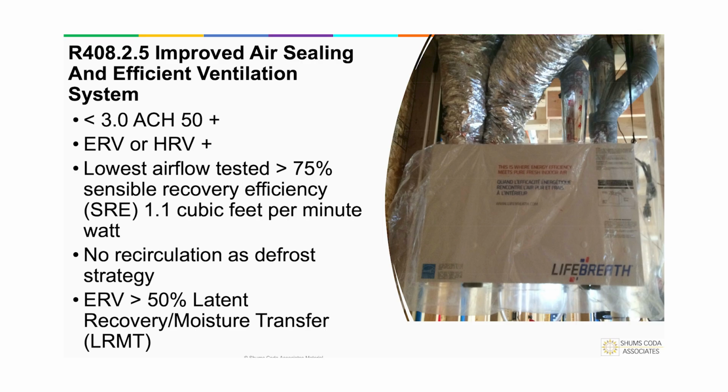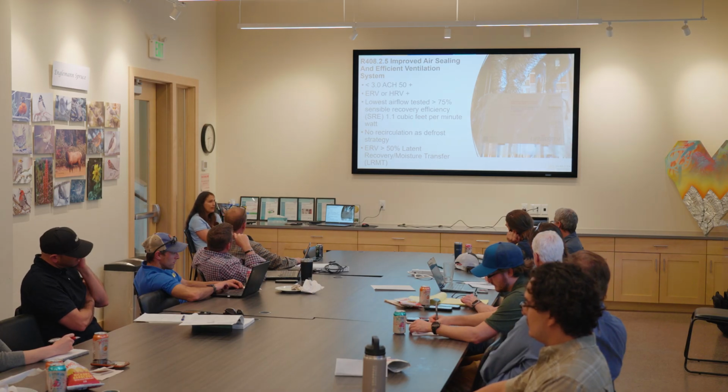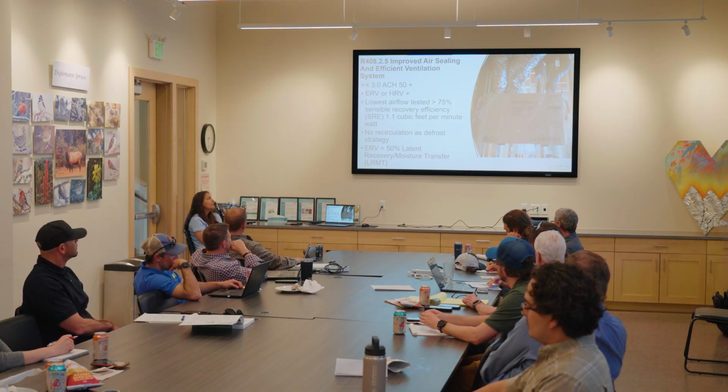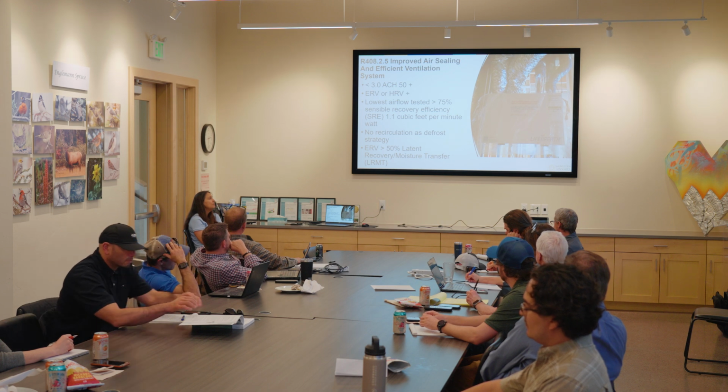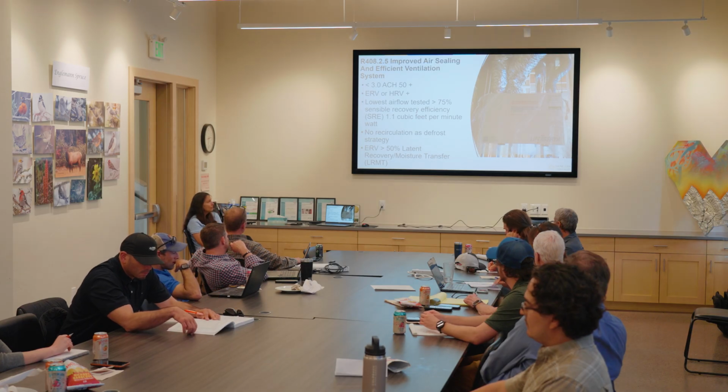So you're going to do a blower door test. It's going to be less than 3 air changes per hour. And then you're going to install an ERV or HRV. And for us, it's going to demonstrate that it has a sensible recovery efficiency of 75% at 32 degrees.